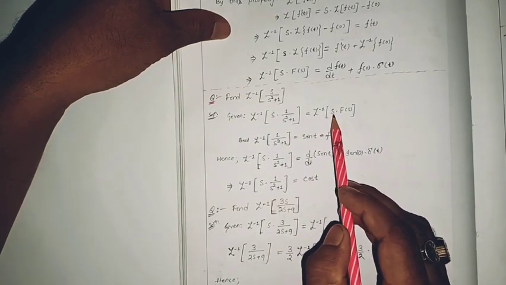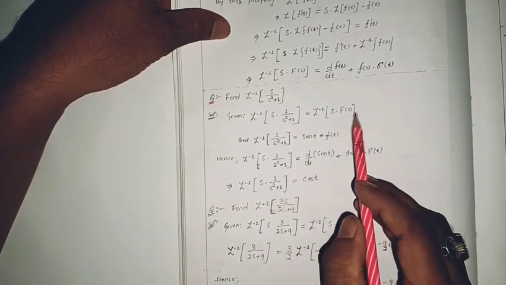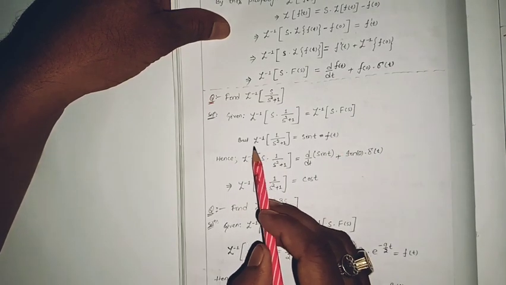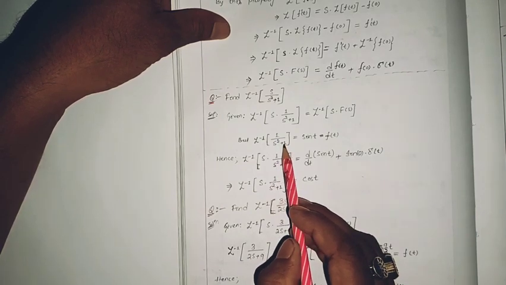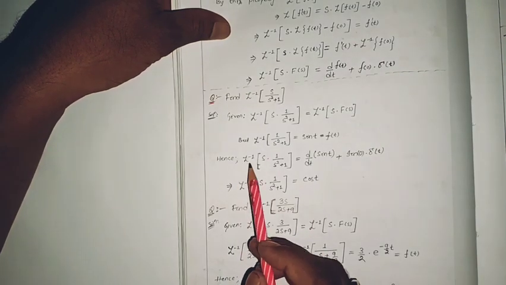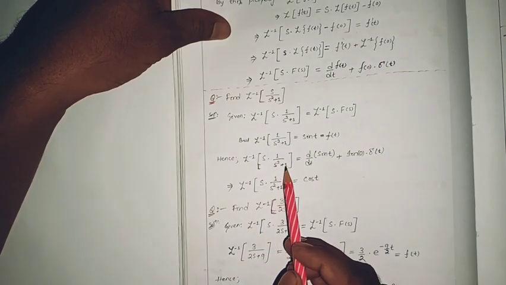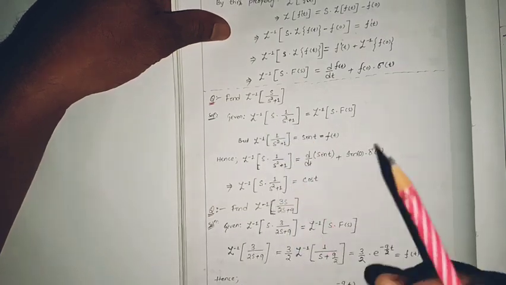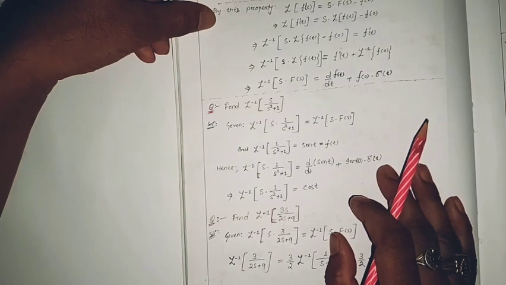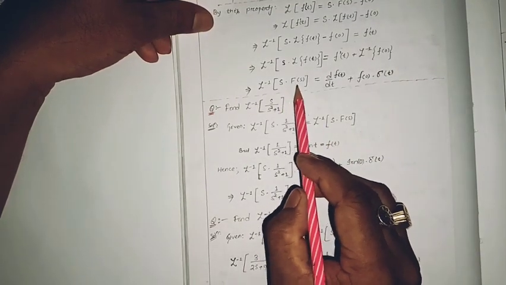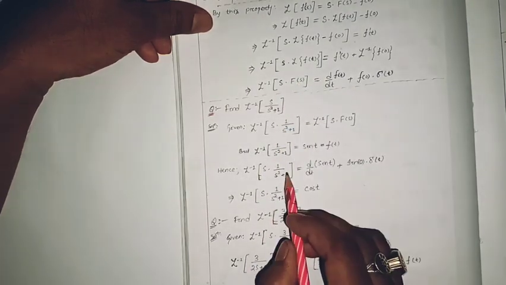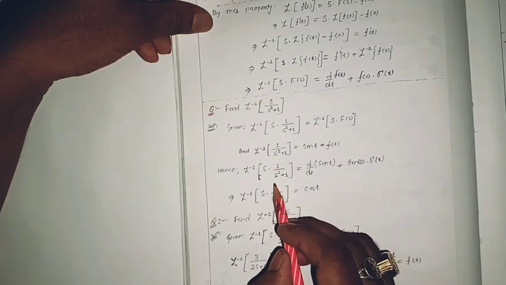Here, the inverse Laplace transform of 1 by s square plus 1, we know, is sin t, which is the f of t we have to consider. So the inverse Laplace transform of s into 1 by s square plus 1, comparing this expression with the standard one, here F of s is nothing but 1 by s square plus 1, right?